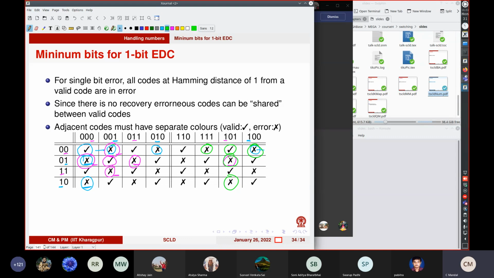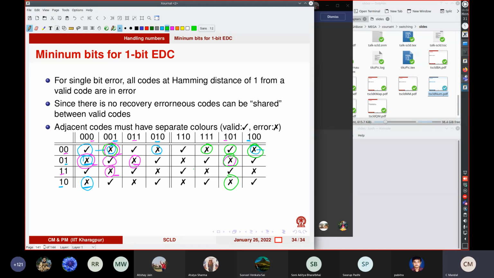That answers your question: how did 111 get crossed? If you pick up this code, this one gets crossed. So like that, you can keep picking codes and crossing out the ones that are adjacent to that. That's how you can get it.